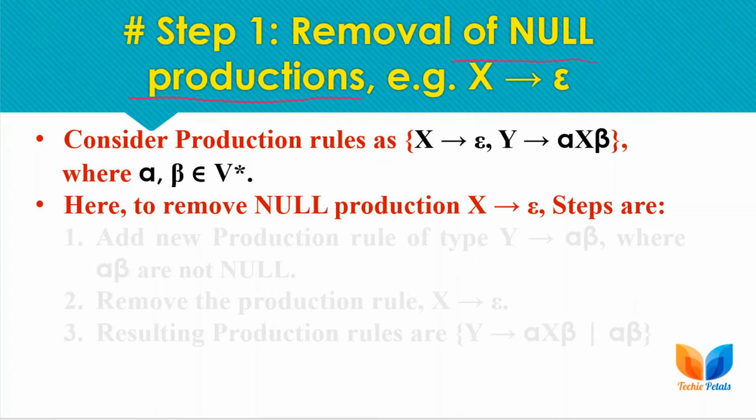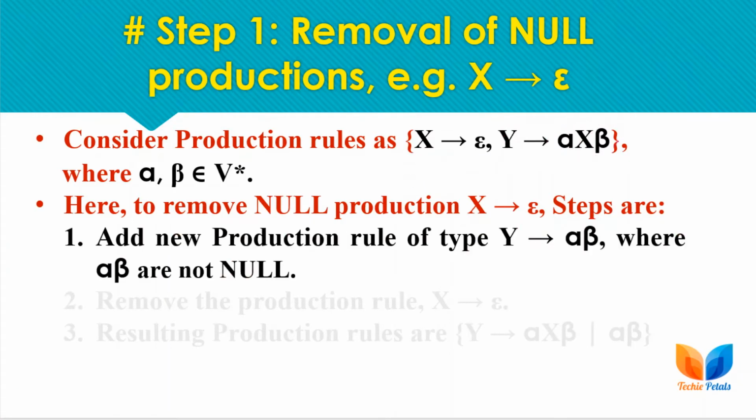Consider the production rules of this type. Here alpha, x and y are the non-terminals, and alpha and beta are the strings of terminals and non-terminals. If we have this null production rule in the grammar and we need to remove it, and the grammar is not deriving null, then we need to remove all the null production rules. So here are the steps to remove this null production rule from the grammar.